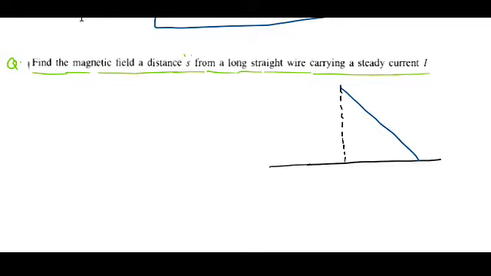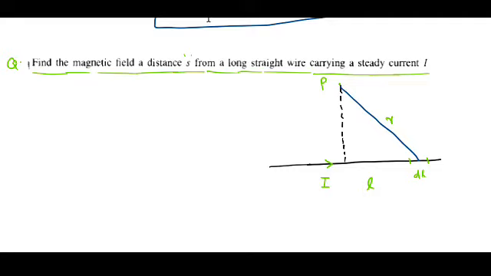This is a wire that carries a current I and whose total length is L. We consider a small segment of the wire, that is length dl, and from this segment of the wire at a distance r, that is at the point P, we need to find out the magnetic field B.